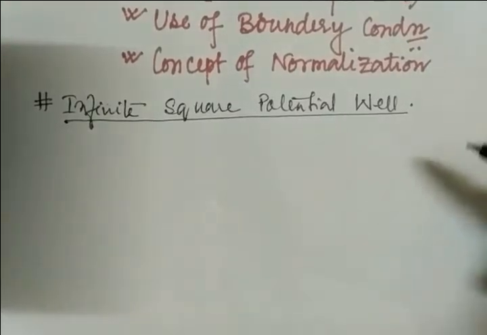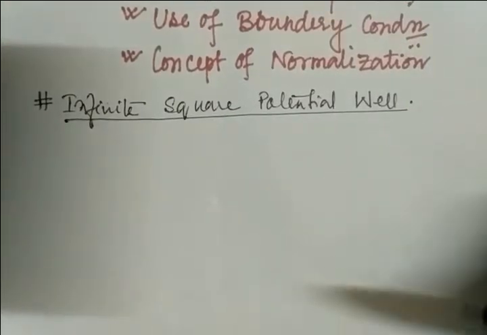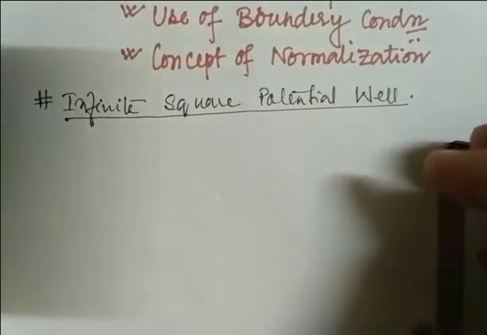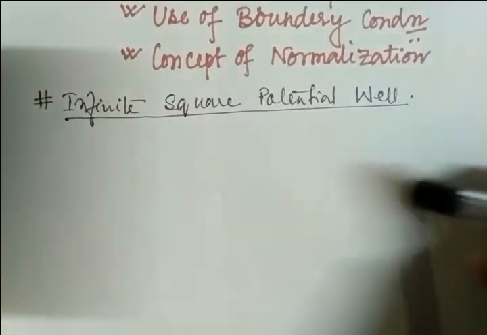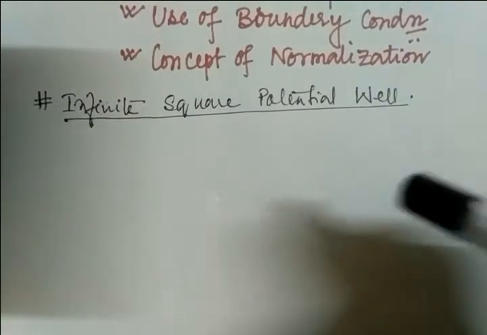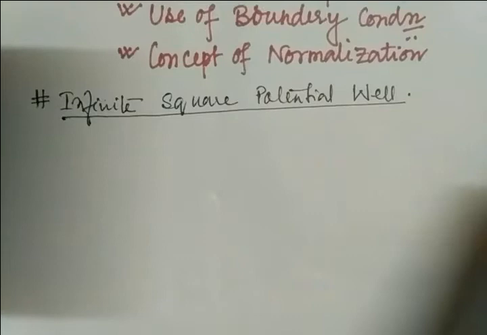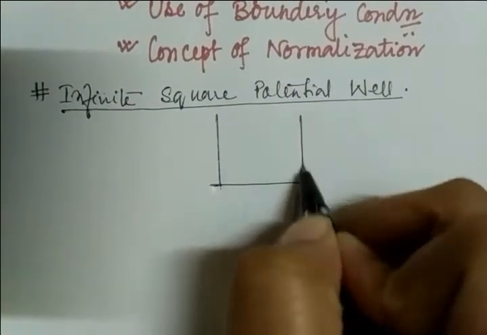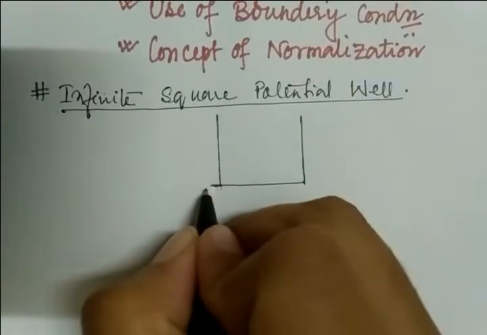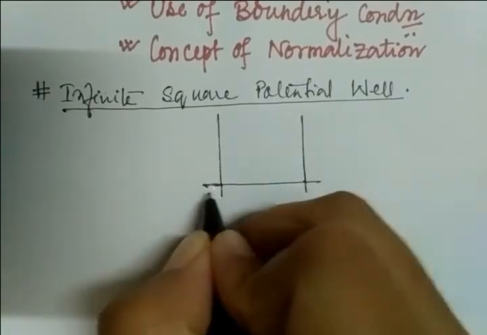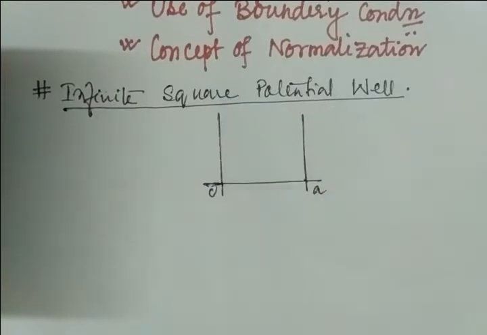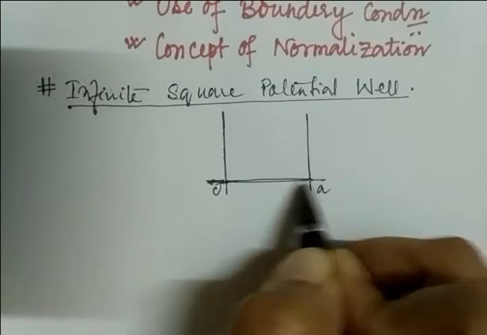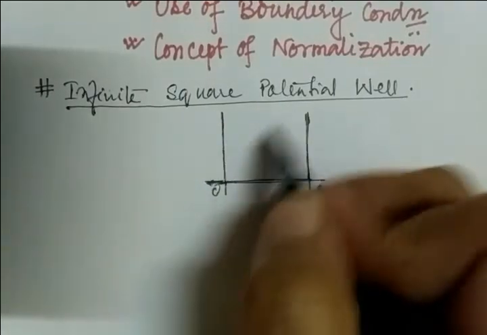Why are we taking this bounded region? Because it will be much easier to apply the boundary conditions in order to get the solution. That's why we are starting our lecture by considering a potential well. Suppose this is your bounded region, with starting point 0 and ending point a. This is the bounded portion, x equal to 0 to a.